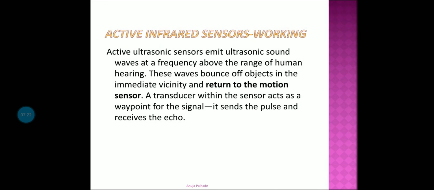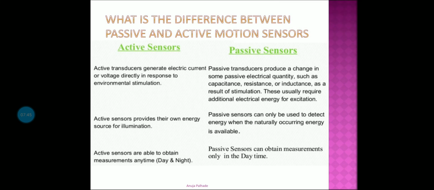An active ultrasonic sensor emits ultrasonic sound waves at a frequency above the range of human hearing. These waves bounce off objects in the immediate vicinity and return to the motion sensor. A transducer within the sensor acts as the wave point for the signal. It sends the pulse and receives the echo.